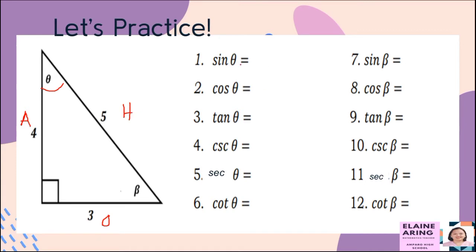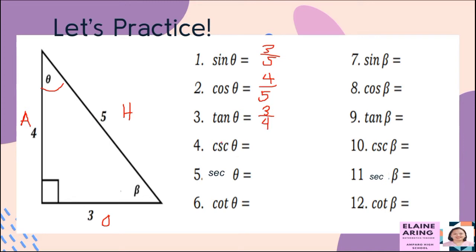Applying the SOHCAHTOA, opposite over hypotenuse, we have 3 over 5. Cosine naman is adjacent over hypotenuse, so we have 4 over 5. Number 3, tangent, opposite over adjacent, so we have 3 over 4.